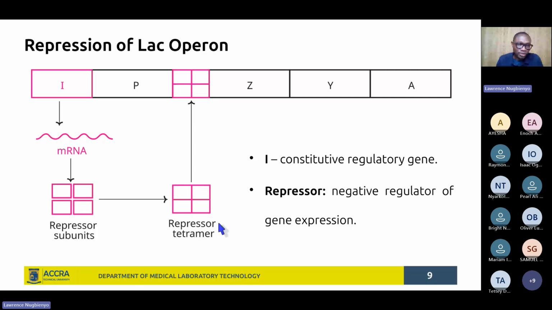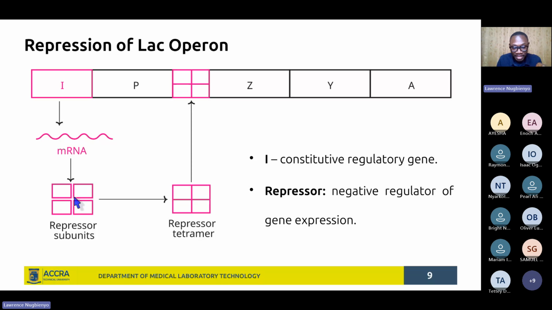So first of all, the first region, I, which is responsible for inhibition, when transcribed into a messenger RNA, gives a protein that is a tetramer, meaning you have 4 subunits of protein that come together to give you that structure of the protein, which is the inhibitor.